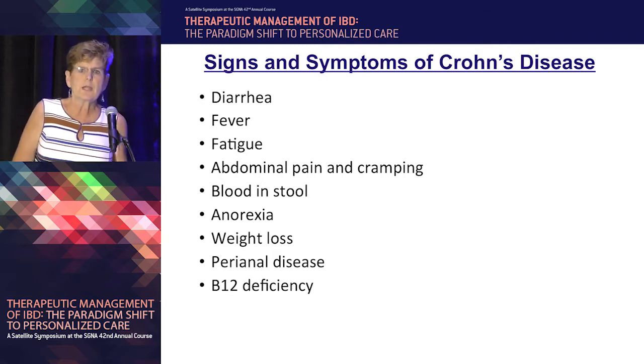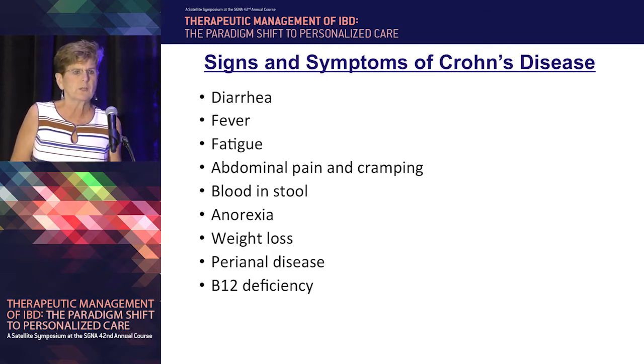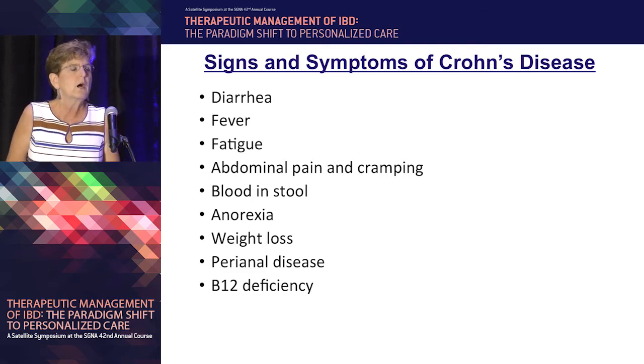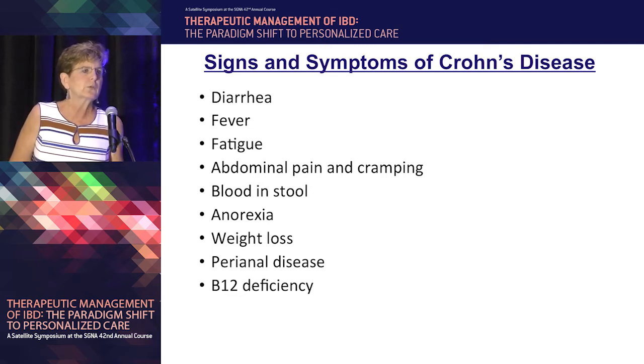And understand that it's not unusual that these patients end up with surgeries, removing parts of their small bowel or maybe even parts of their stomach, areas where certain nutrients are absorbed, specifically B12 and iron, so you can see deficiencies there. And again, when they've got these fistulas and fissures, there's going to be perianal disease.